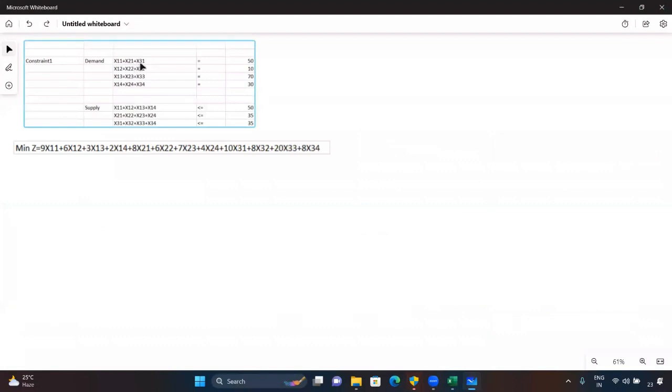X31. Again, 3 is coming from distribution center 3, and 1 is customer 1. So 3 is the source, 1 is the destination. If you can see here, the source is changing, but your destination remains constant. Here you can see x11, x21, x31: the destination is constant, which is 1, but the source is changing from 1 to 2 to 3.